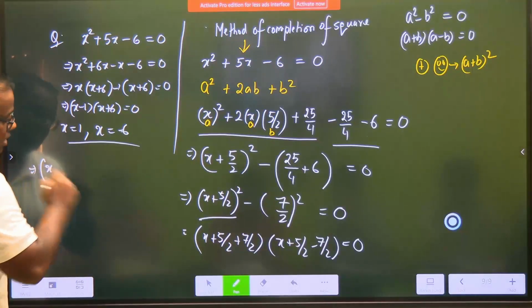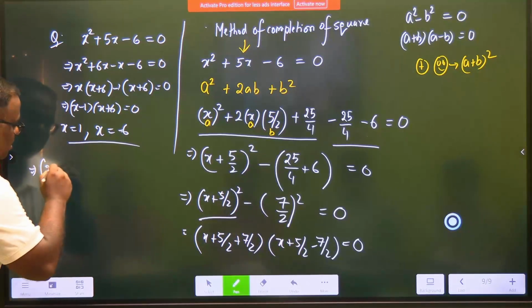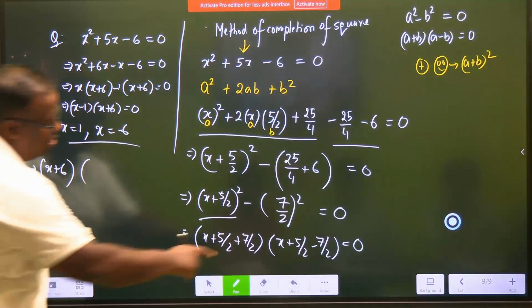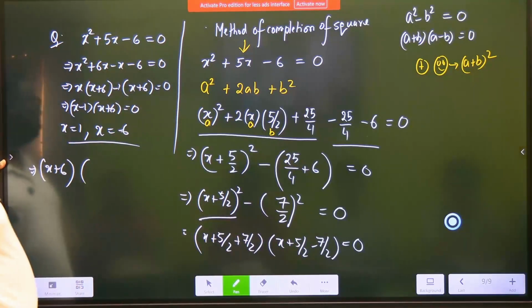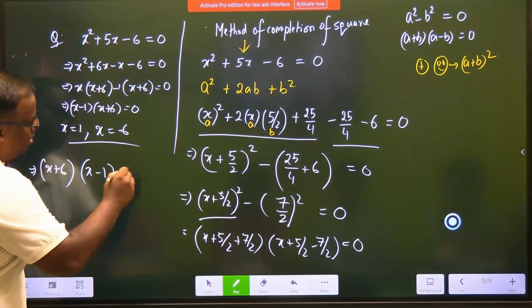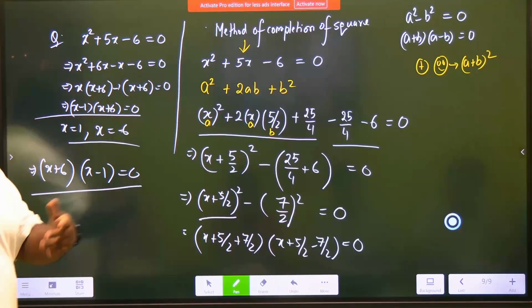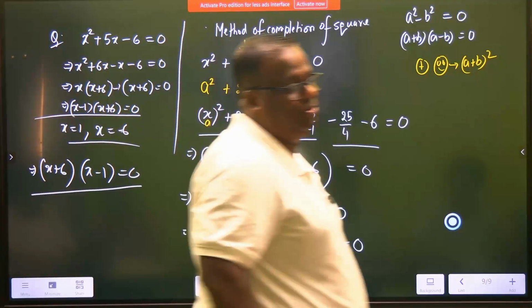This will become 7 plus 5 is 12, 12 divided by 2 is 6, and 5 minus 7 is minus 2, minus 2 by 2 is minus 1. Matching? Beyond this I will not do, I think you know how to do it. Either this is 0 or this is 0. Any quadratic equation can be solved in this manner.